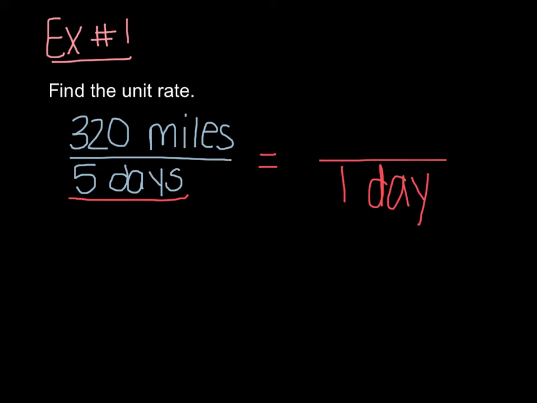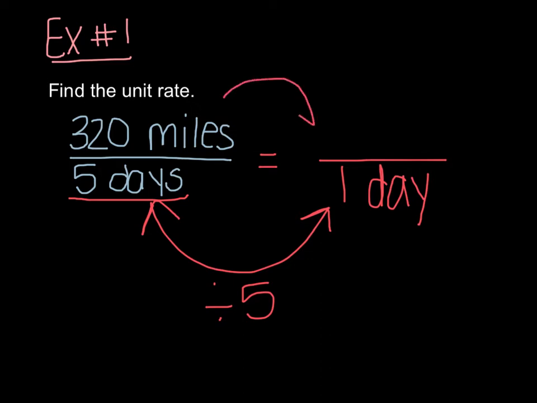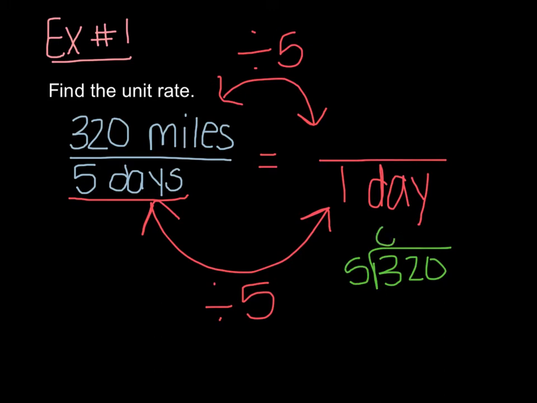Now, I have to think to myself, how do I get from 5 to 1? And I do that by dividing by 5, because 5 divided by 5 is 1. So I do the same thing to 320 miles. I divide that by 5. And let's divide to see what that is. 320 divided by 5. 5 can't go into 3, so we put a 0. 5 goes into 32 6 times, which is 30.